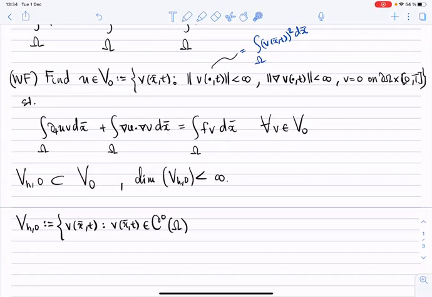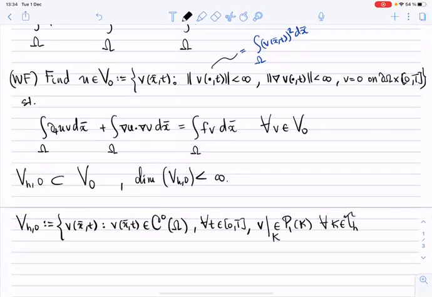So you see, for every t, you freeze t, it's a continuous function in space. That's true for all t between 0 and capital T. And in addition, we require that the restriction of v to K is a polynomial of degree 1, for all K inside this triangulation.